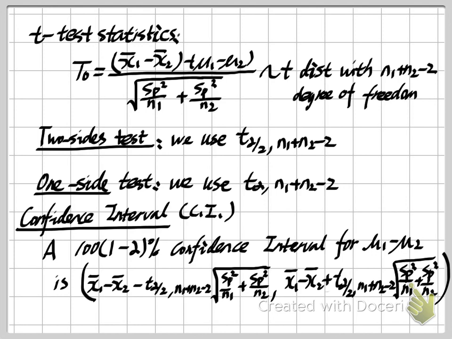The left end point is our difference of the sample means minus the critical value T alpha over 2, n1 plus n2 minus 2, times the standard deviation we have for the pooled sample.